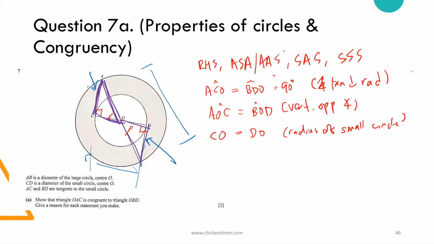So since this is an angle, and this is an angle, and this is a side, CO and DO being the side, therefore triangle OAC is congruent to triangle OBD. Okay, that's part 1.